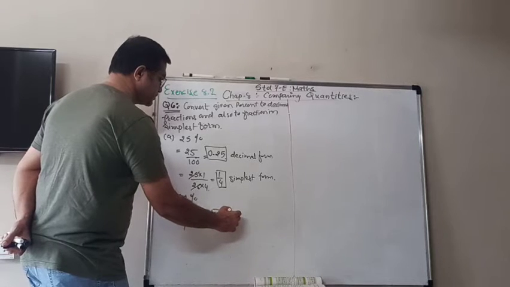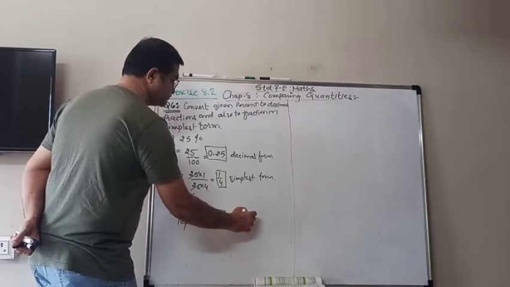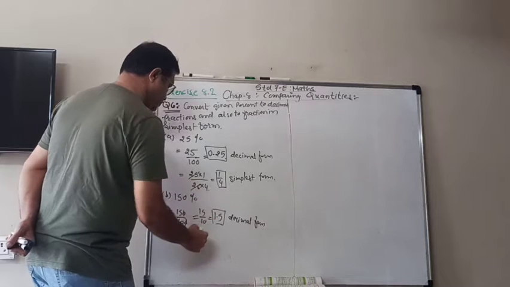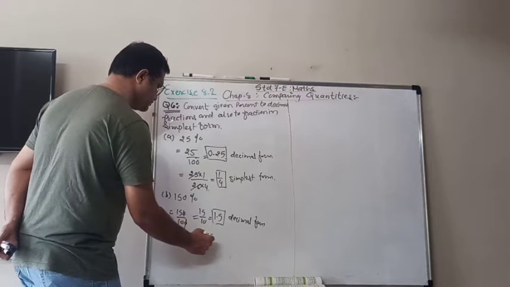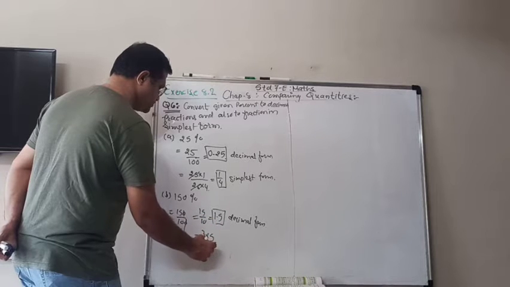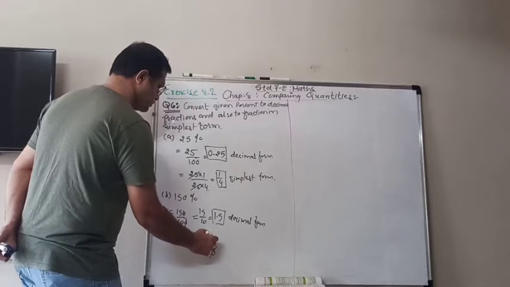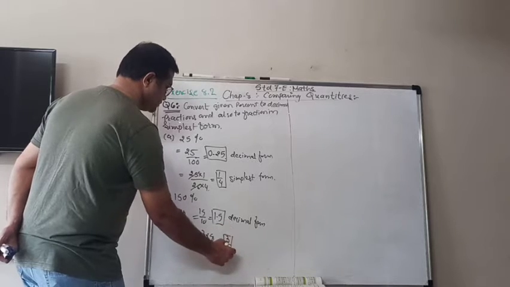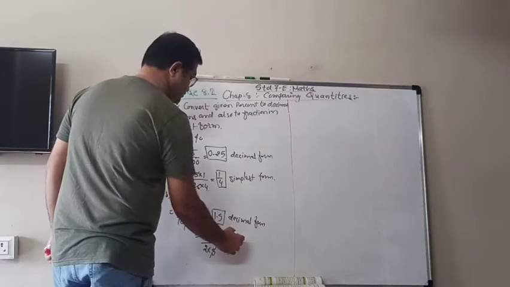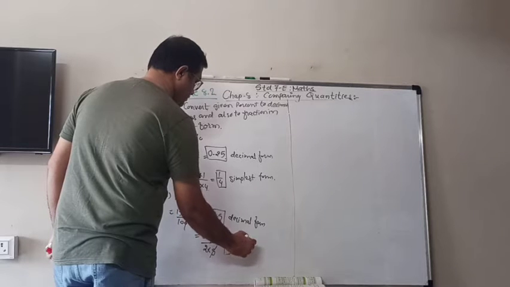That is the decimal form. Now you have to carry on. 15 is 3 fives are 15, 10 is 2 fives are 10. So 3 upon 2 you get. That is the simplest form.